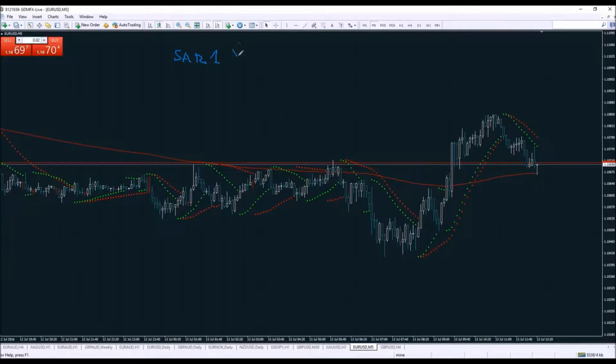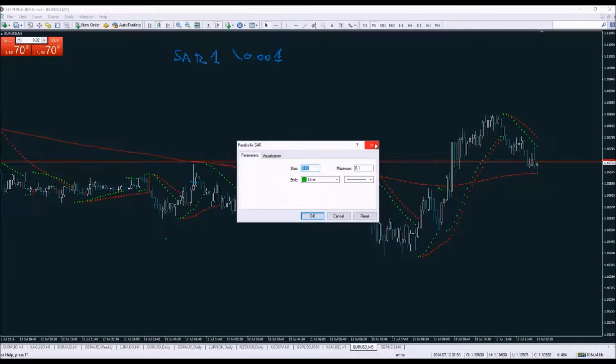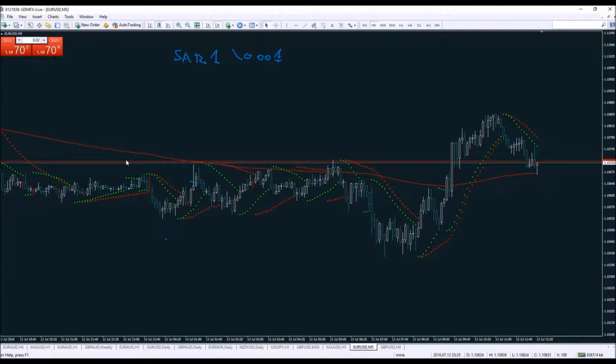Support and resistance 1. Something is wrong with my mouse. It's drawing sideways. So we have 0.001. Was it like that? I think I'm wrong. Let me check. Yeah, it's actually one zero less.